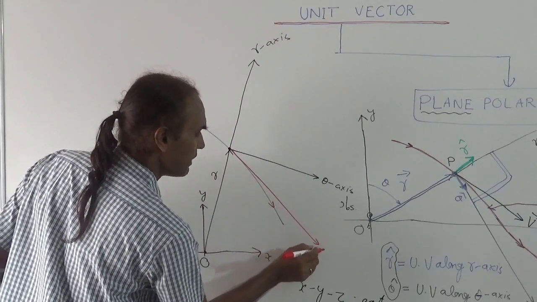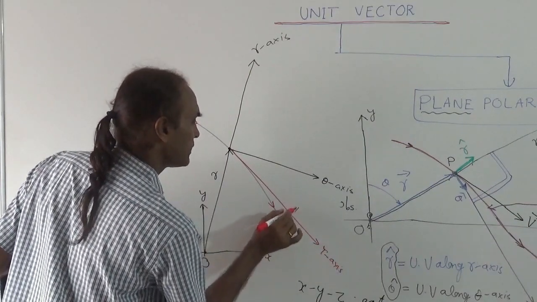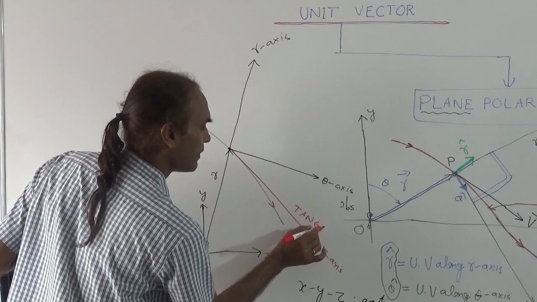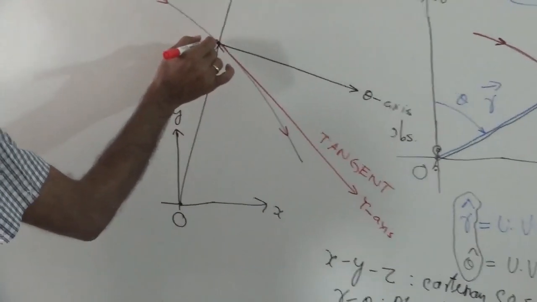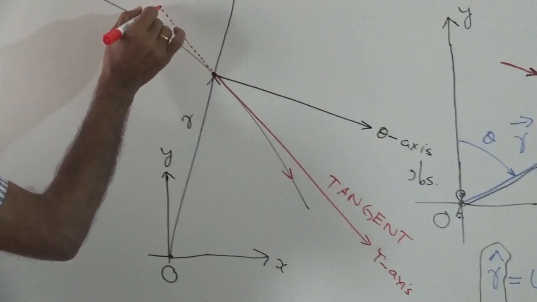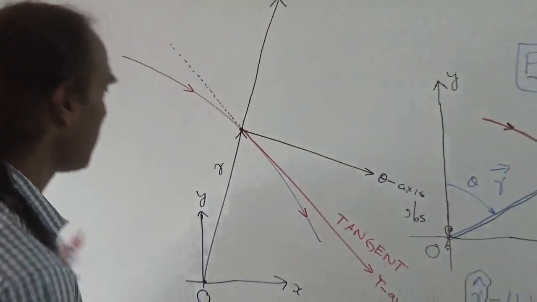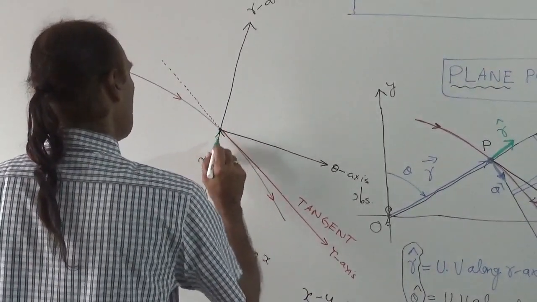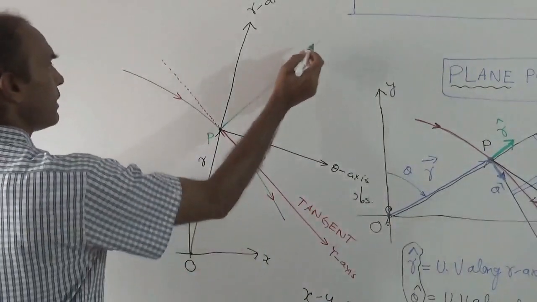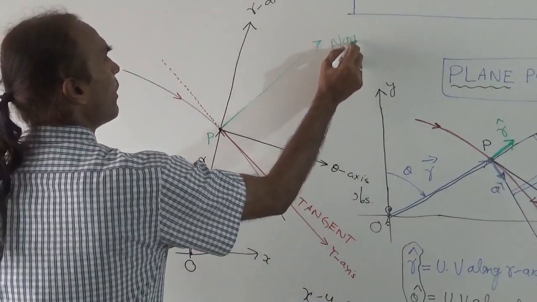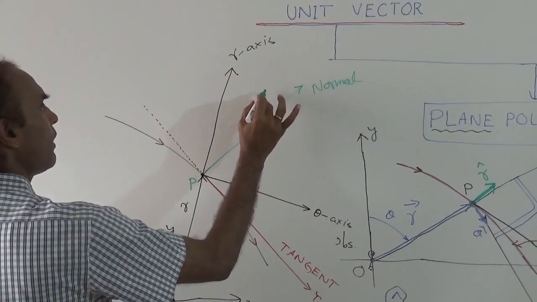This is called the tau axis, because this is the tangent. Once you draw a tangent, you can extend it. Now you can draw a normal. A perpendicular line passing through this point P is a normal. We can call it the n-axis.